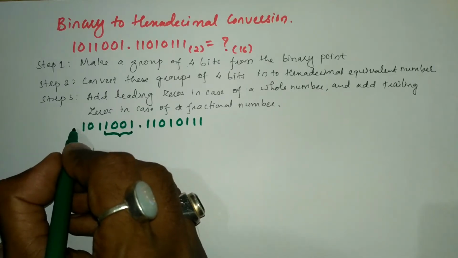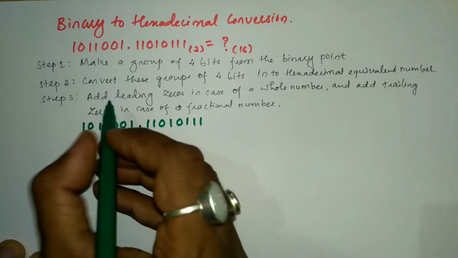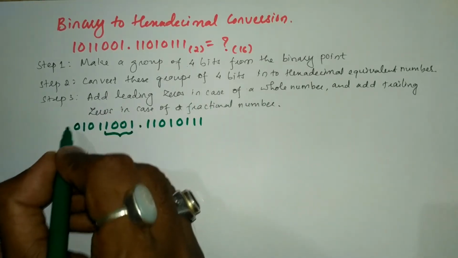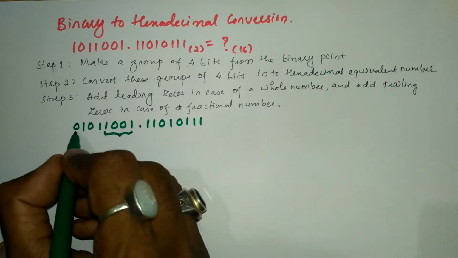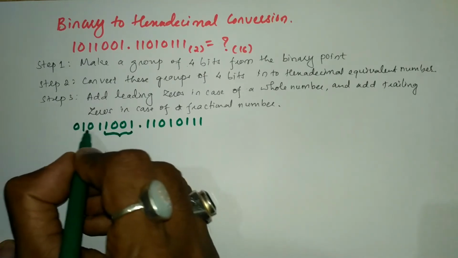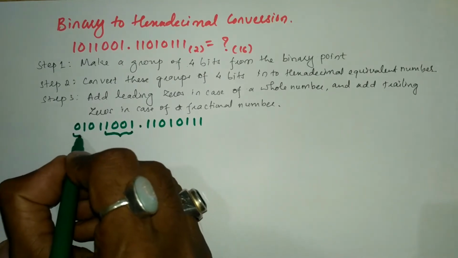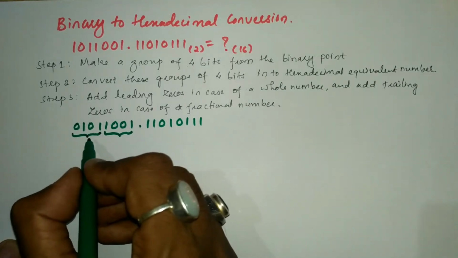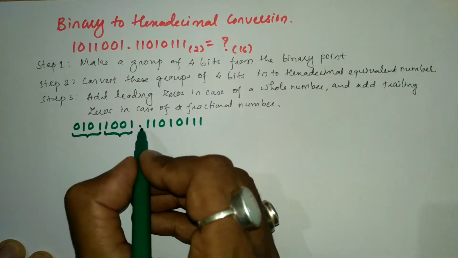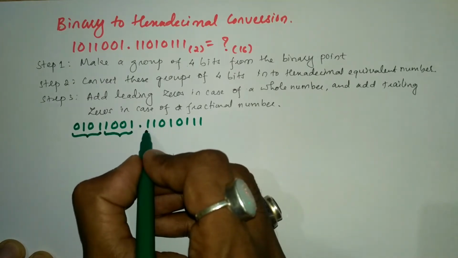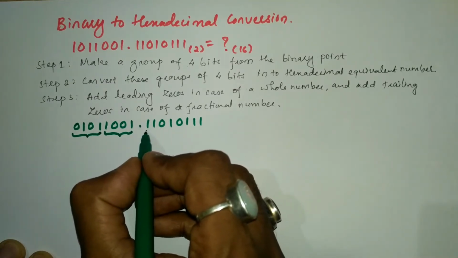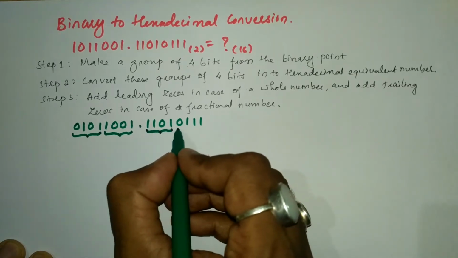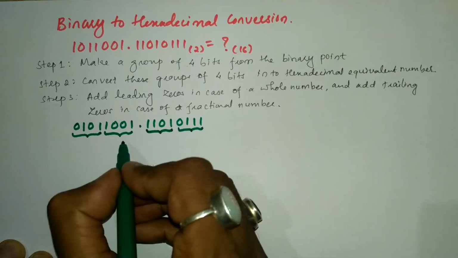You can add leading zeros over here, so in case of a whole number, as per step 3, I'm going to add leading zeros, hence not changing the value. So we have created one more group of 4 bits. After the binary point, again we have to start grouping bits from the left-hand side. So here I'm going to group these 4 bits and the next 4 bits.